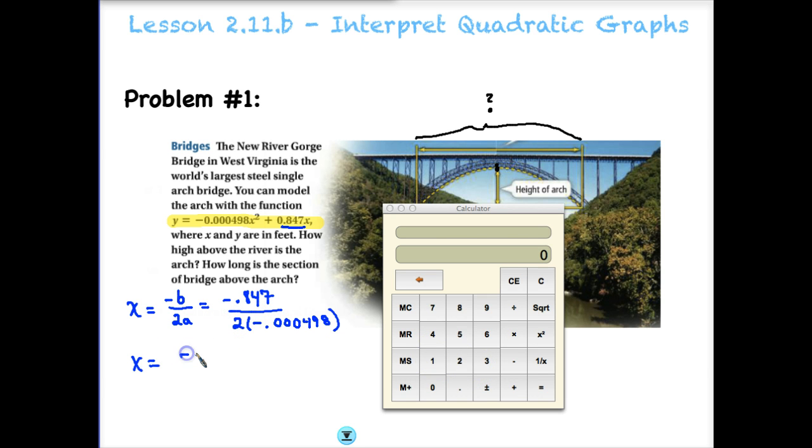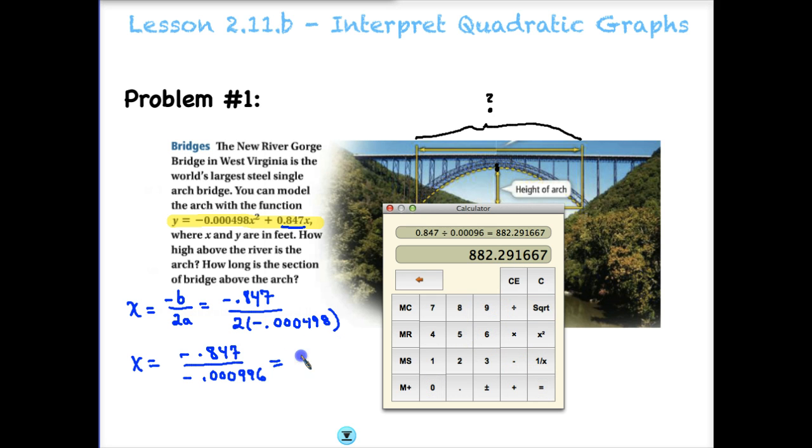Let's simplify the denominator first, and we'll leave the numerator like it is. We know the denominator is going to be negative, because a positive 2 times a negative is negative. So 2 times 0.000498 gives us 0.000996. Then let's divide these out: 0.847 divided by 0.000996.